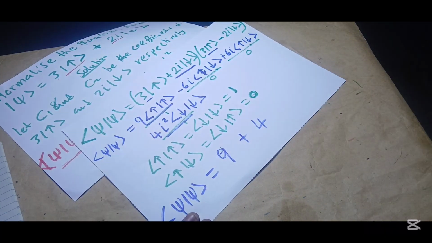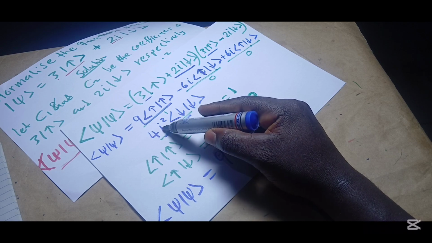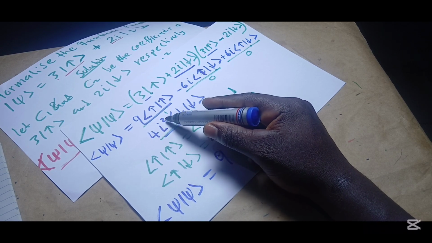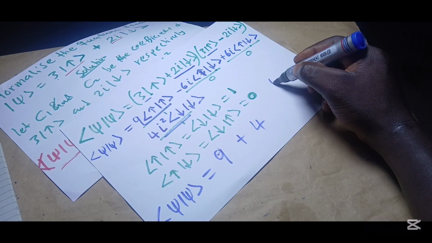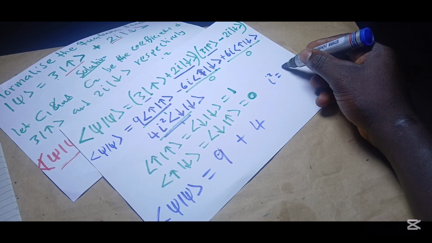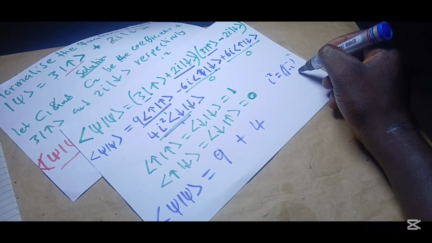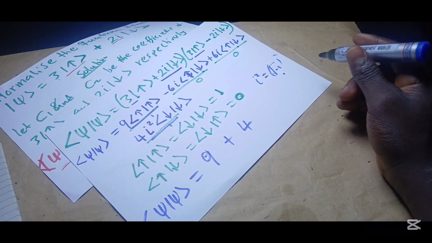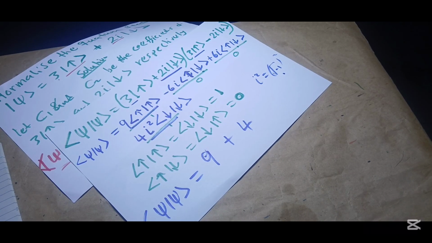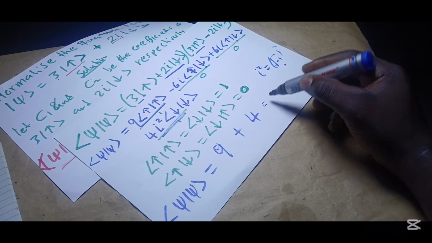Even though this term is 4i squared, we are mostly interested in the positive part. We know that i squared will be equal to the square root of minus 1, all squared, giving us minus 1, which would affect the 4, but we are interested in positive values. So this is going to give us 9 plus 4, which is 13.